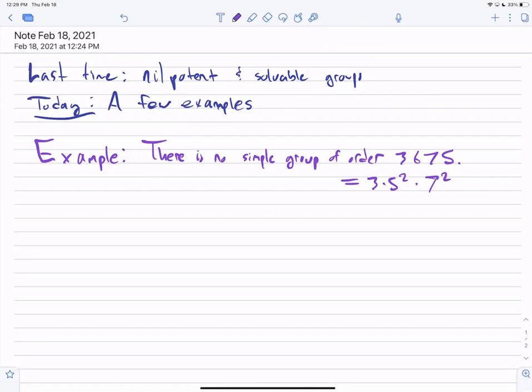Yeah, that looks right. Okay, so why don't we first compute the number of Sylow 3 subgroups.